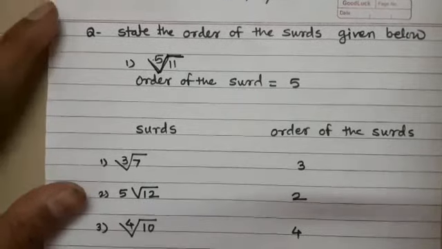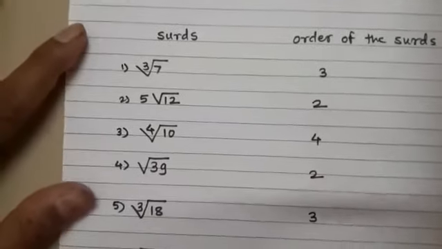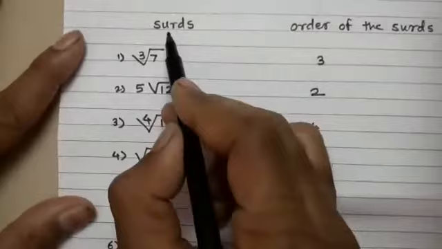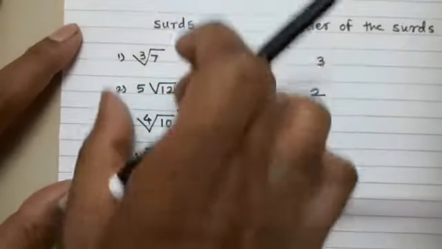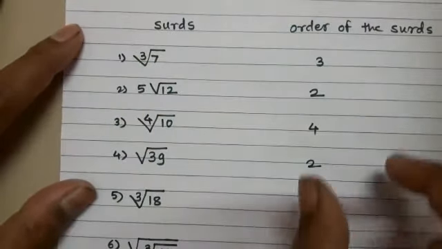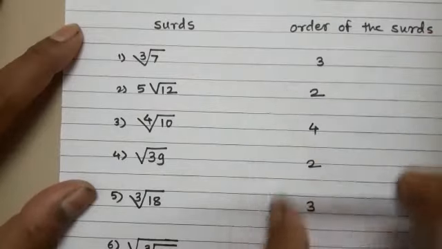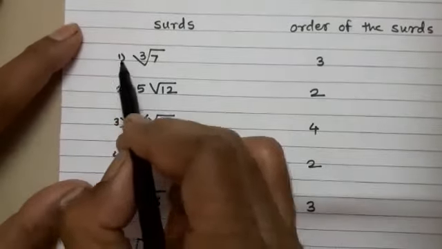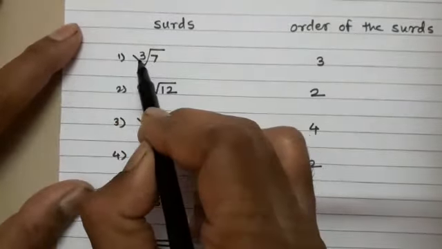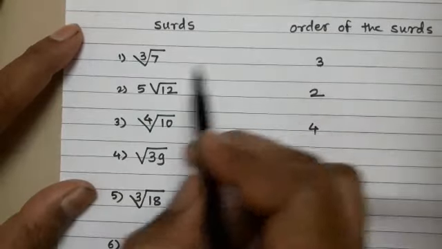Now we learn these examples in the tabular form. Surds I have given here to the left and write down the order of the surds against it. First example, cube root of 7. The order is 3.